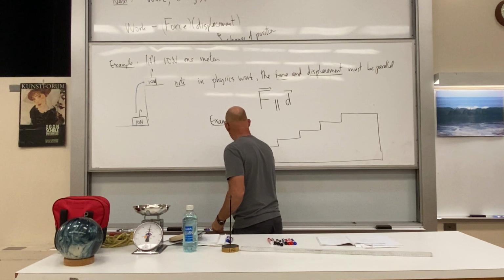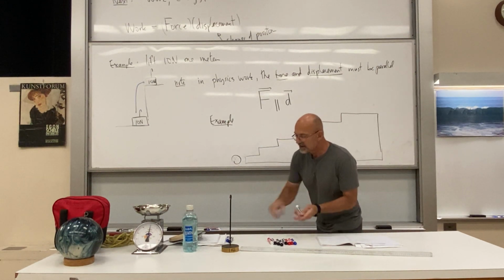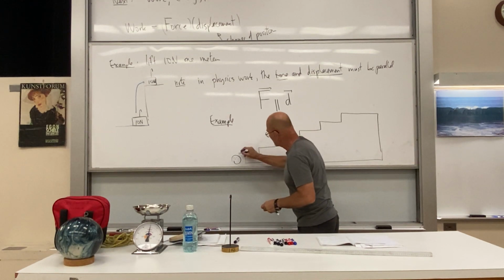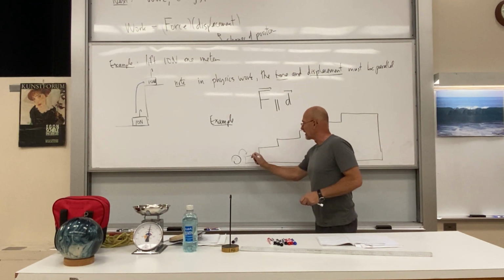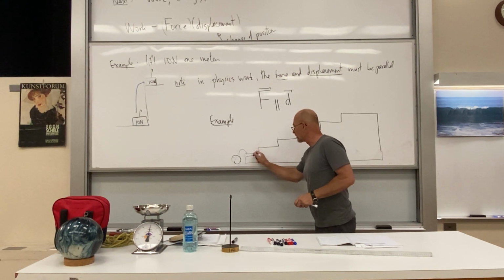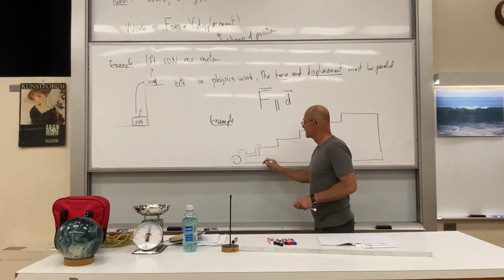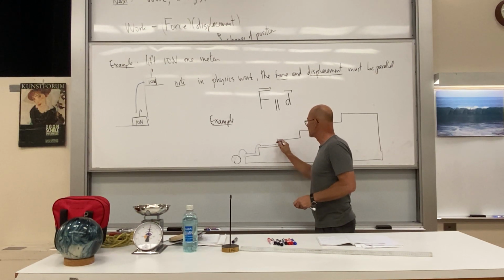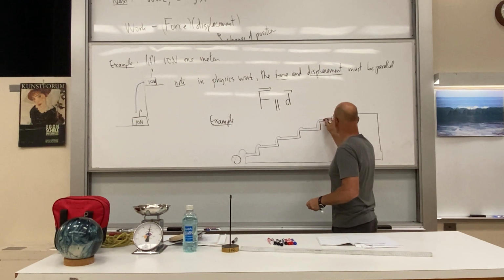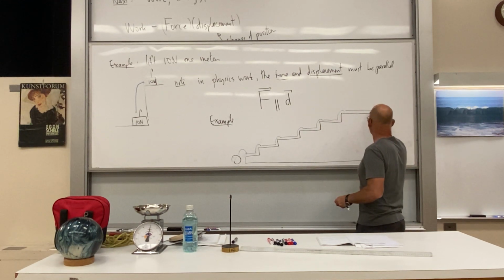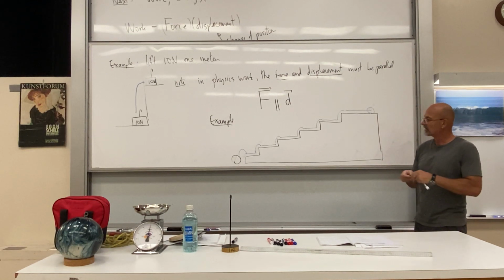So I start here, there's my bowling ball, and I roll it, and I bring it here, and I did some work. So I lift it here, then I roll it to here, no work. I lift it, did some work, roll it, no work, and all the way the same, and finally I end up here, and how much work did I do?